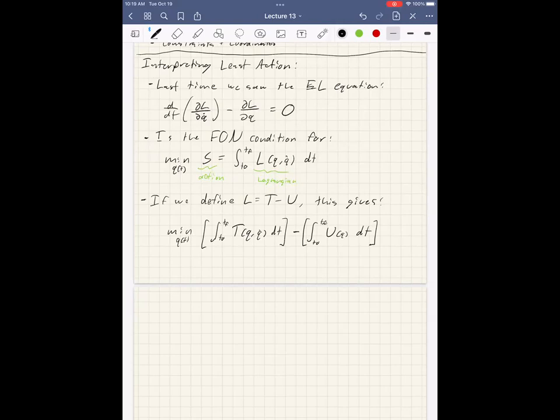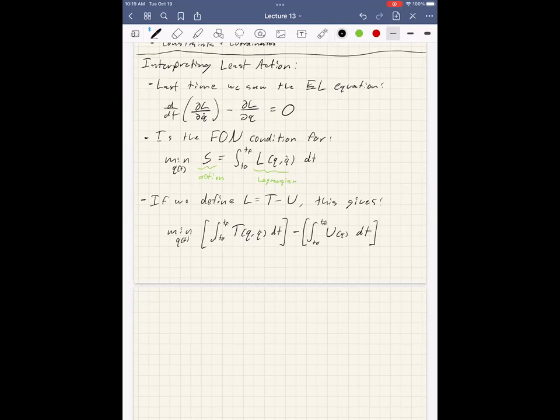If I look at these two pieces separately now, could we interpret each of these separately? What would you say this first thing is? The first one's kinetic energy, and this is integrating the kinetic energy along the trajectory of the system.